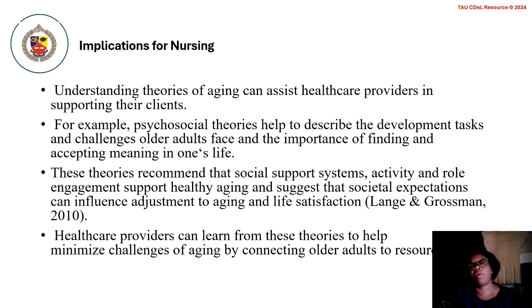These theories recommend that social support systems, activity and role engagement support healthy aging and suggest that societal expectations can influence adjustments to aging and life satisfaction. Healthcare providers can learn from these theories to help minimize changes of aging by connecting older adults to resources.